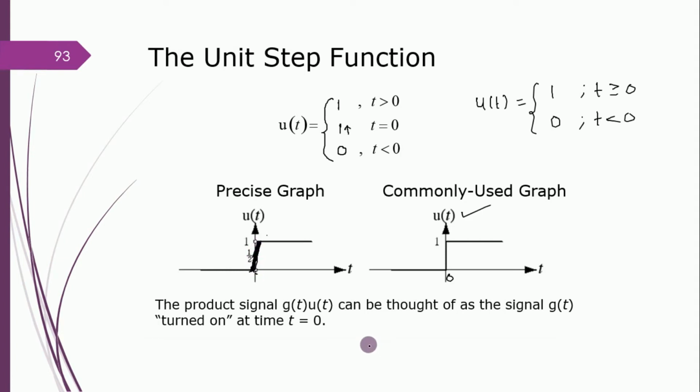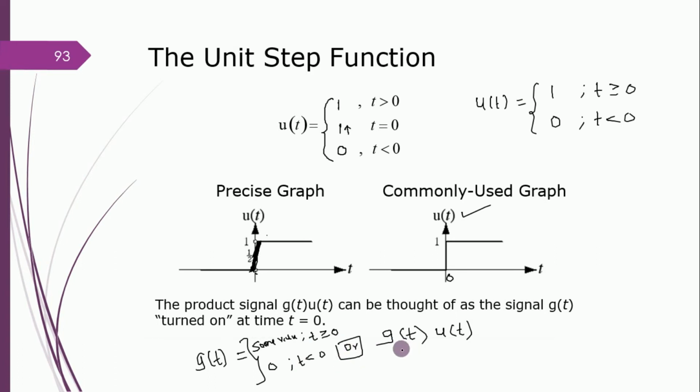Let us consider there is some signal called g of t, and if this g of t has finite values only for t greater than or equal to 0, then you can just write it as g of t into u of t, rather than writing g is equal to some value in the range t greater than or equal to 0, and 0 for t less than 0. From here on, I use this fashion of writing.